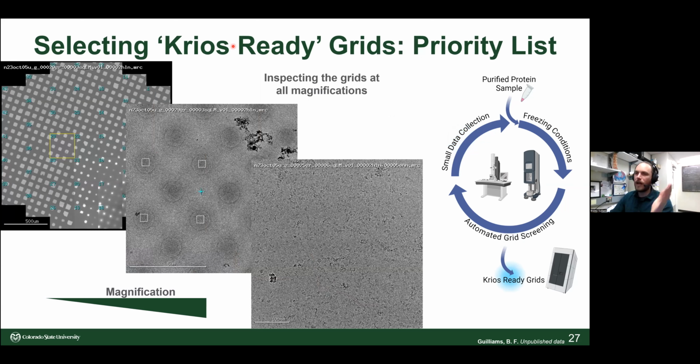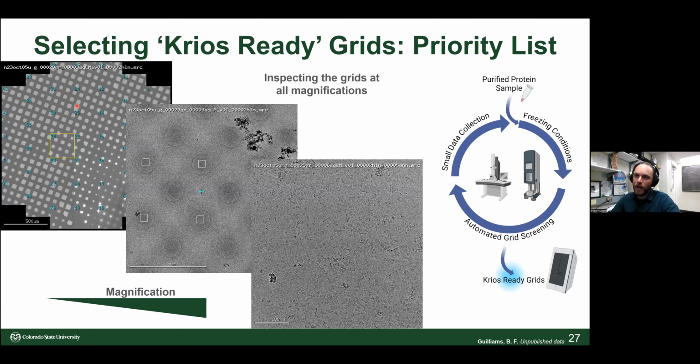So the last thing, right, I've now got all these grids that we've screened. I want to select Krios-ready grids in some priority list. And here you're looking at all of these different magnifications. I'd say the most important ones, at least for me, were looking at the atlas, so looking at ice thickness across the grid.